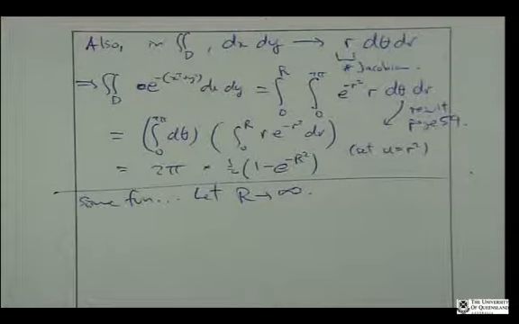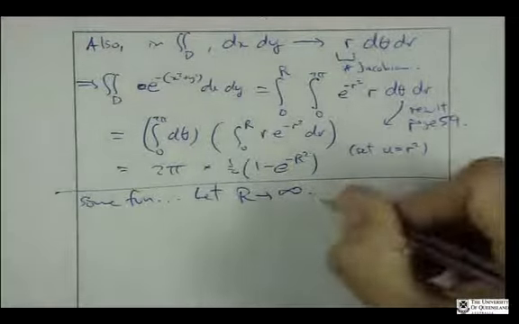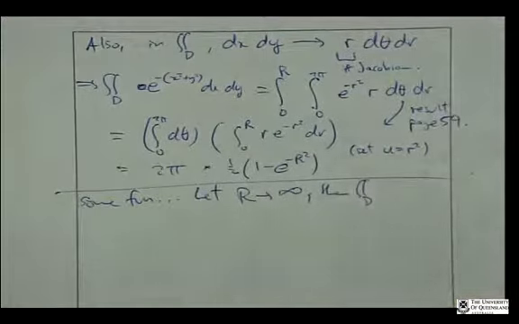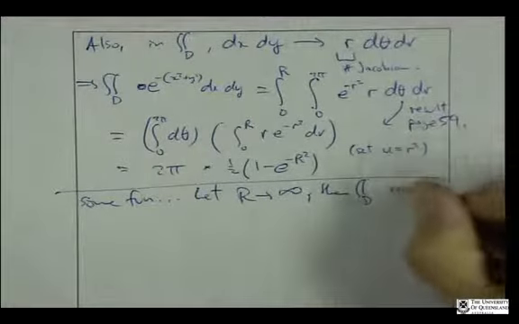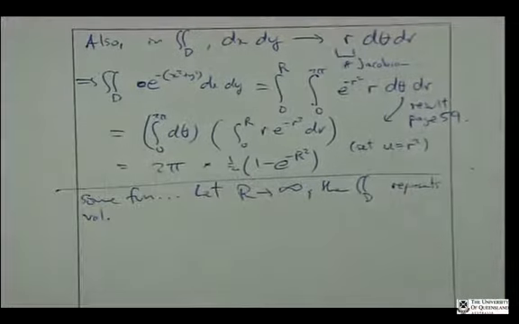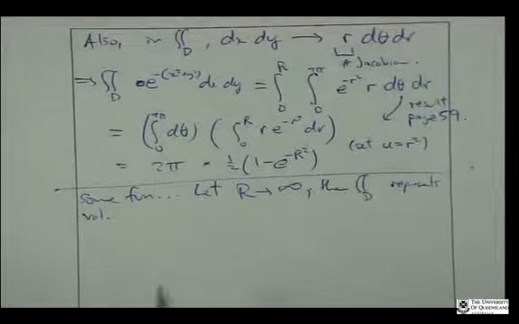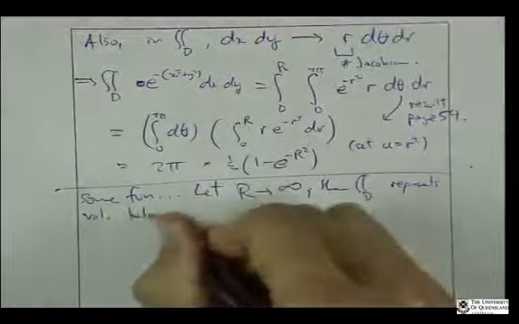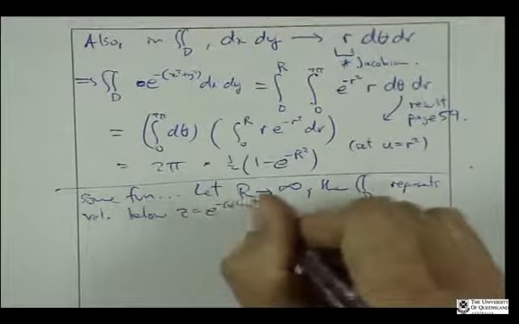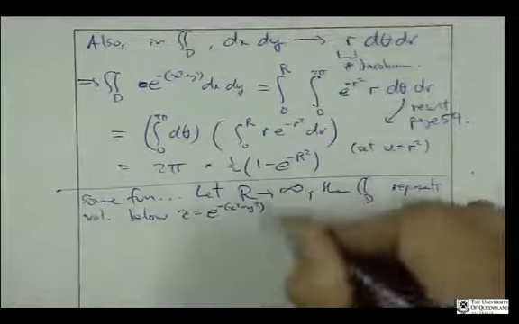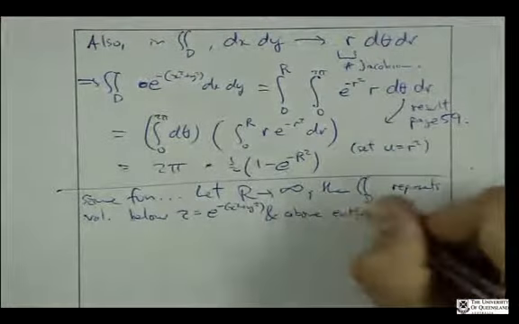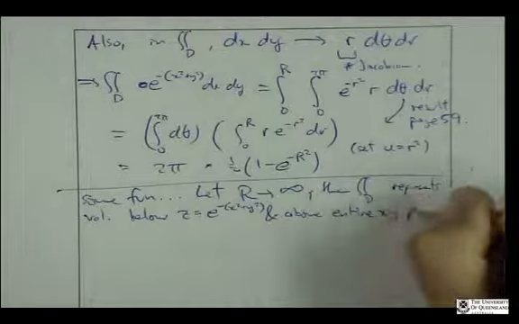Now if we take R going to infinity, we take that limit, then the double integral somehow represents, or at least limits to, the volume below the surface z equals e to the negative x squared plus y squared, and above the entire xy plane.